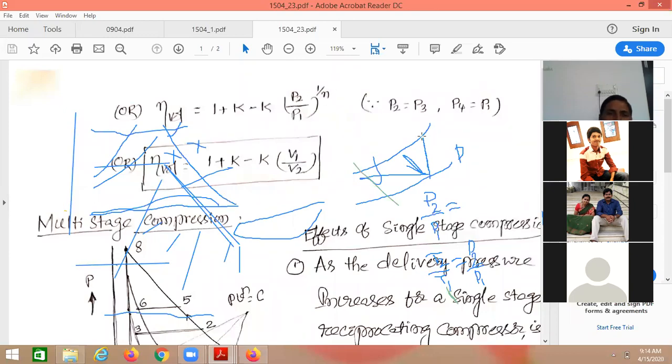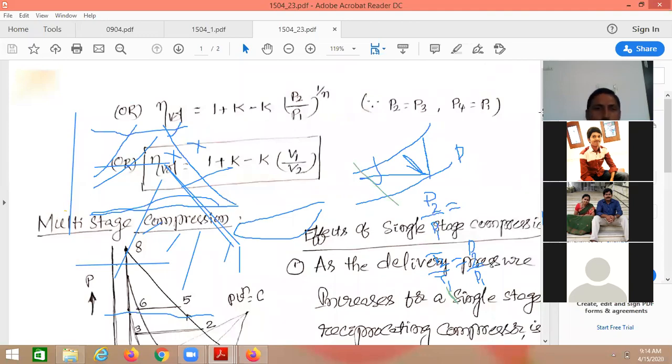Because P2 V2 to the power N equals P1 V1 to the power N, and P3 equals P2, P4 equals P1 from that relation. This is the volumetric efficiency with the inclusion of clearance volume. Hope it is understood. Yes, sir.